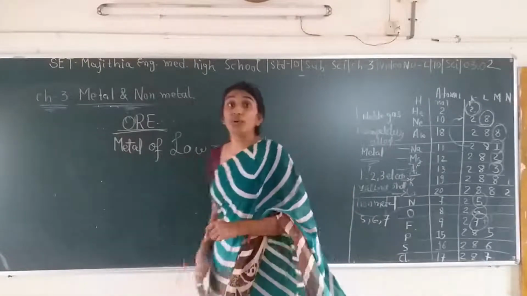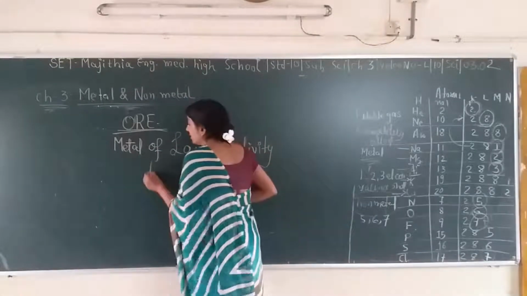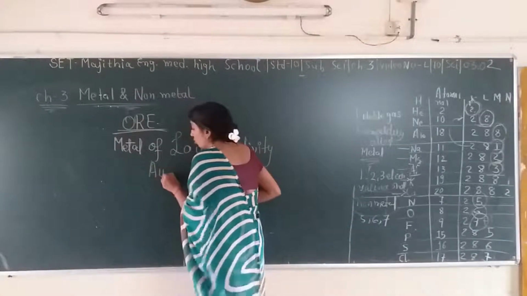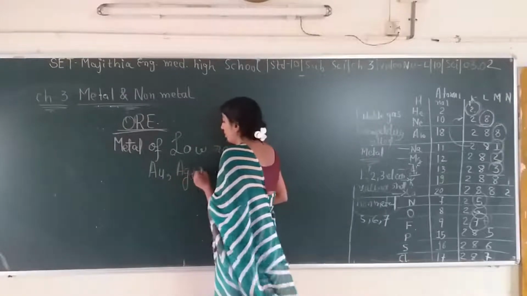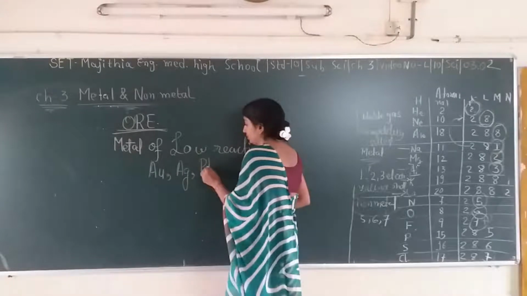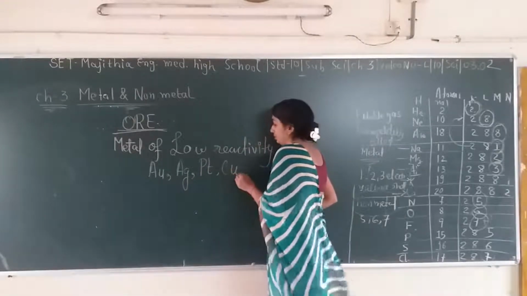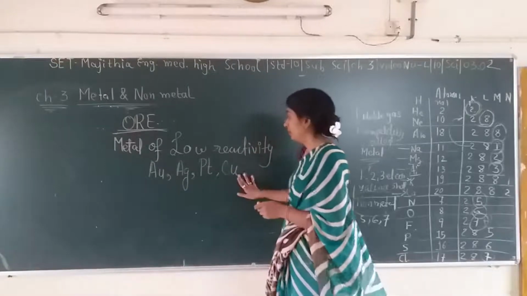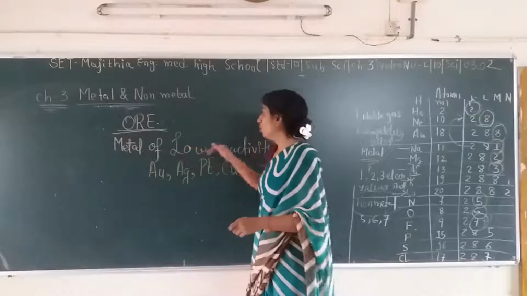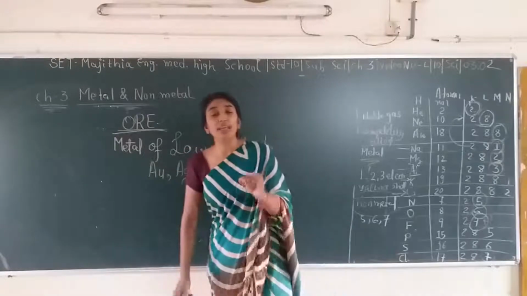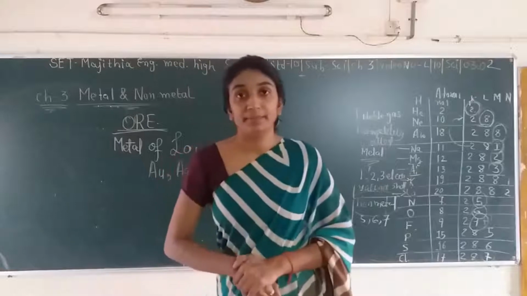Metals of low reactivity: the best examples are Au, which is gold, Ag, which is silver, platinum, even copper. These metals are considered metals of low reactivity. They have very little reactivity with other things.